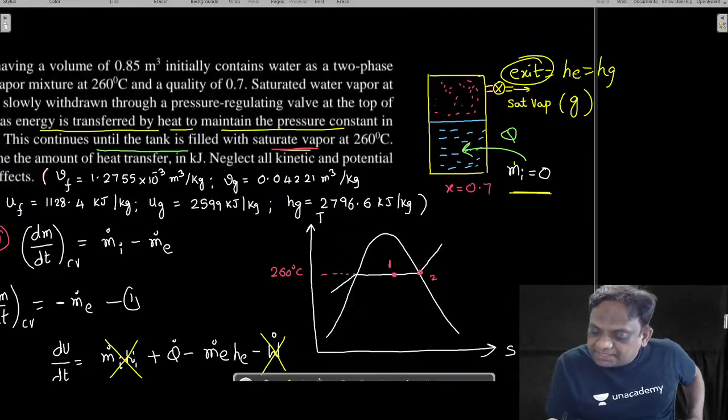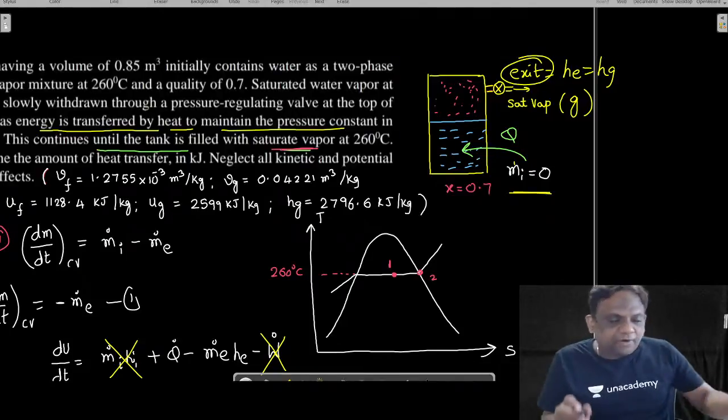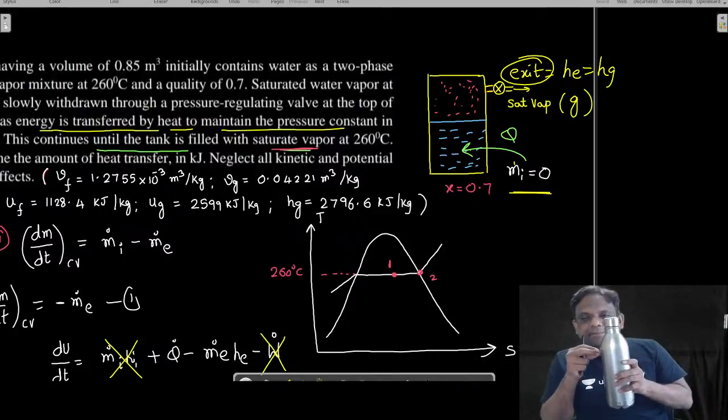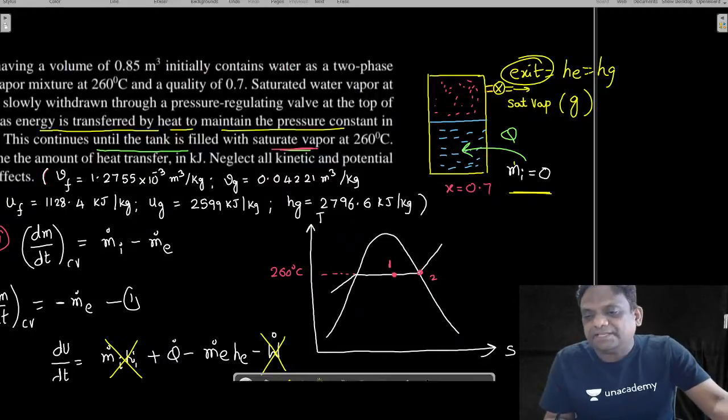HE का मतलब क्या है? HG. So He means at the exit enthalpy is He, but it is leaving at saturated vapor condition. So therefore it is Hg.